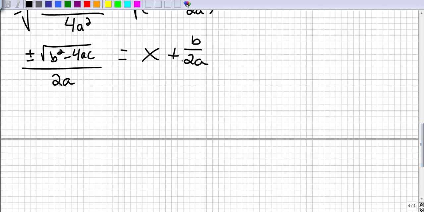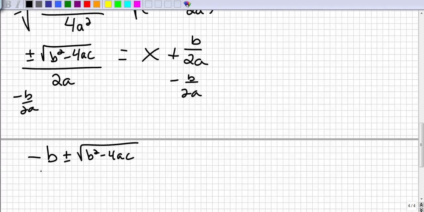That is to subtract the b over 2a from both sides. And what we're left with here is the opposite of b plus or minus the square root of b squared minus 4ac. And I can put the whole thing over 2a because of the common denominators we have here.